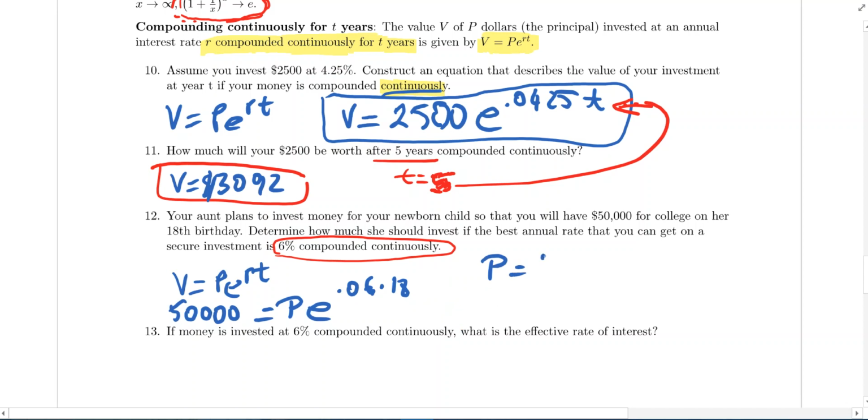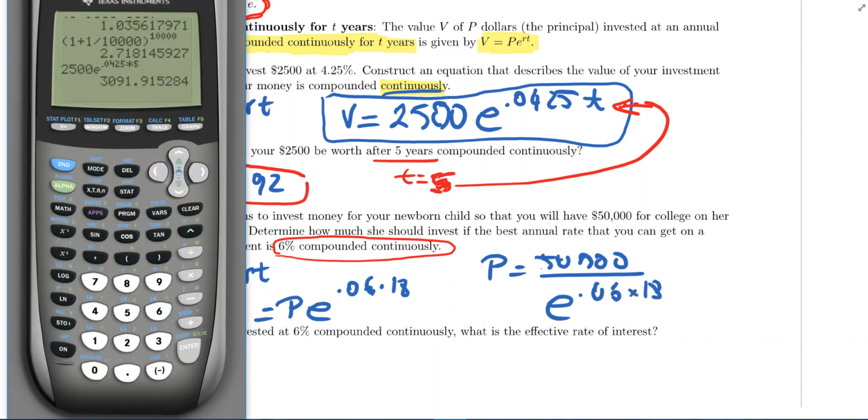P is going to be 50,000 divided by e to the 0.06 times 18. So 50,000 divided by e, second the division, to the power 0.06 times 18.